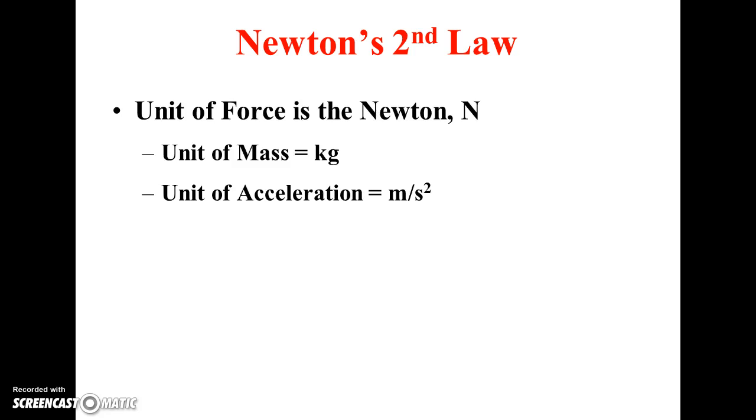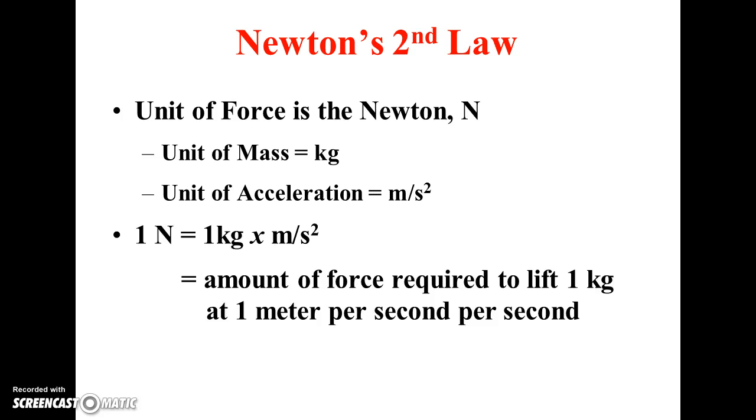So whenever we're dealing with newtons, we have to make sure that we're working in kilograms and that our acceleration is in meters per second squared. And 1 newton is really just the amount of force that's required to lift 1 kilogram at a rate of 1 meter per second every second.